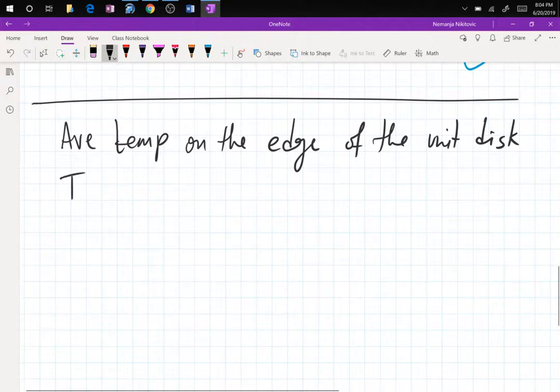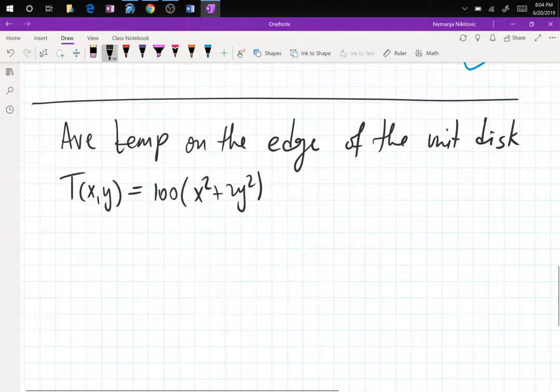Where the temperature function T of x, y is given as 100 times x squared plus 2y squared. So what you have now is a temperature function. You want to calculate the average temperature along the edge of this disk, and you're just going to run the line integral for this one.